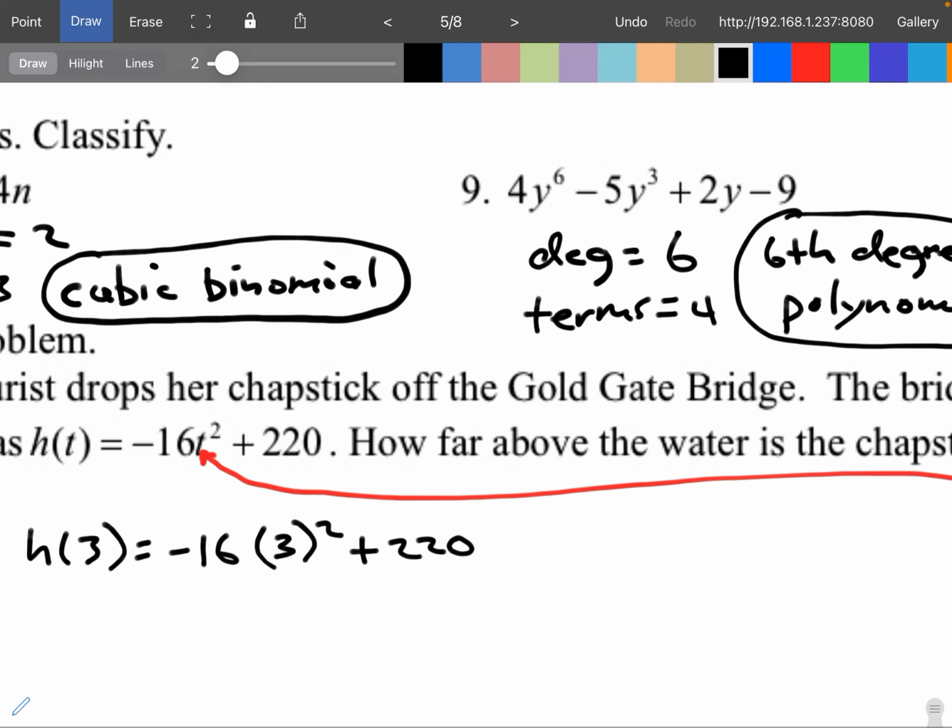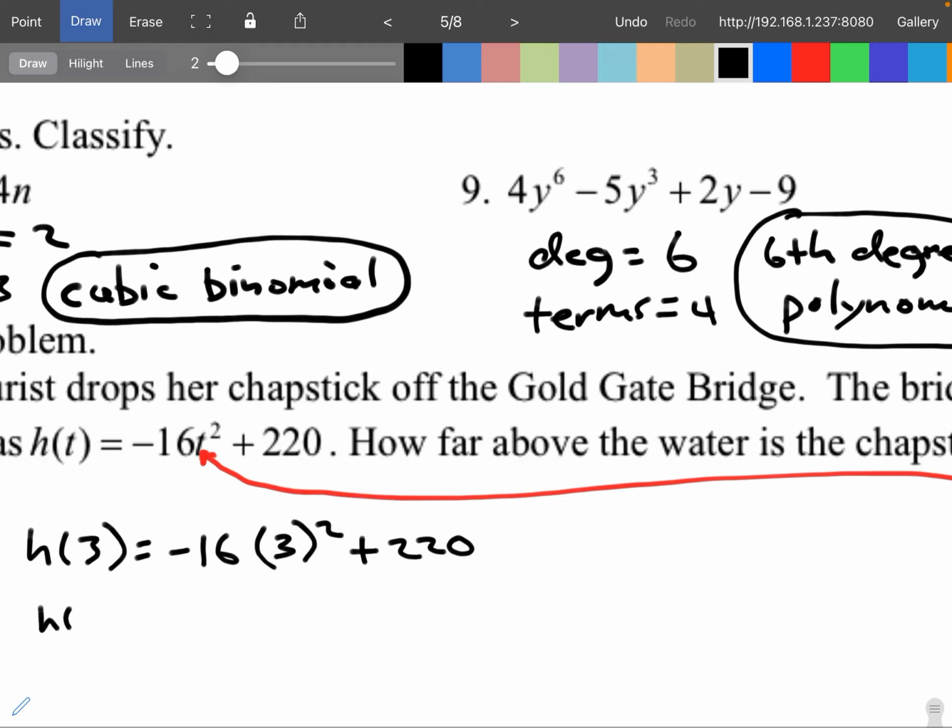The exponent first. Yeah, you got to do order of operations. So don't multiply negative 16 times 3, okay? You got to do exponents before you multiply.